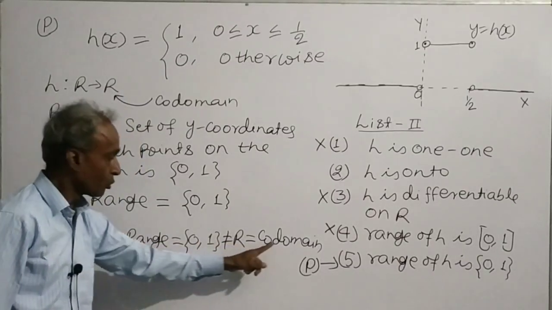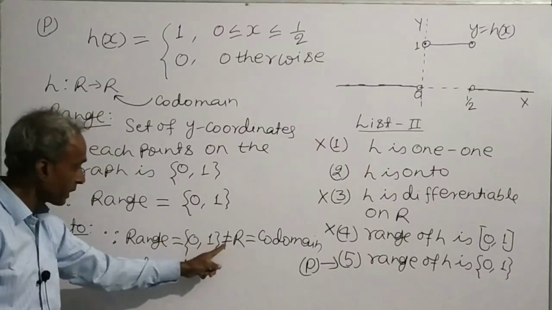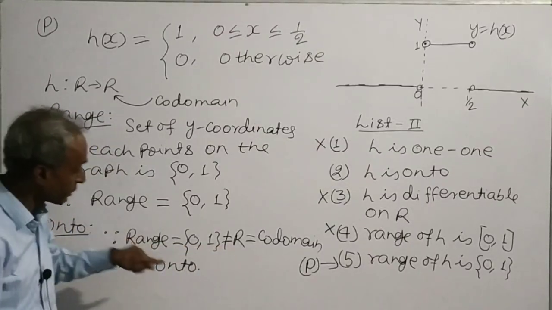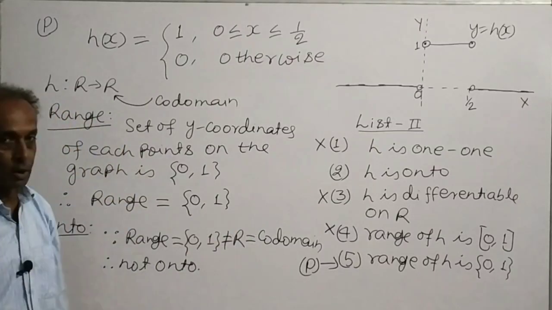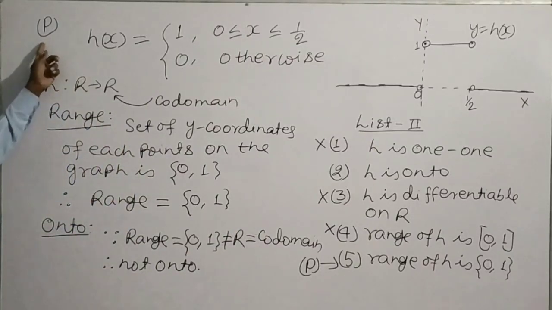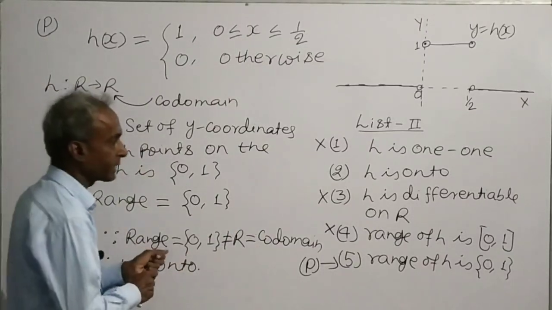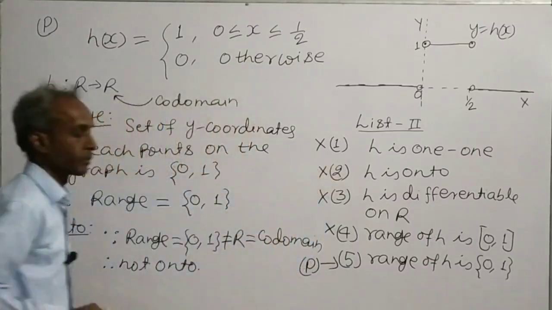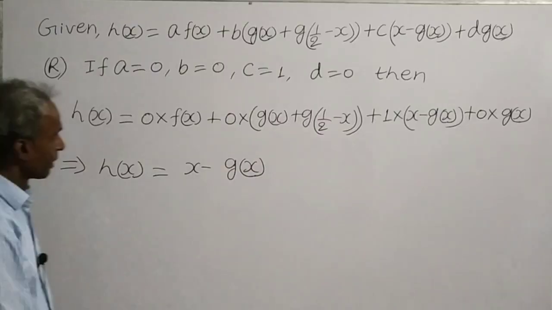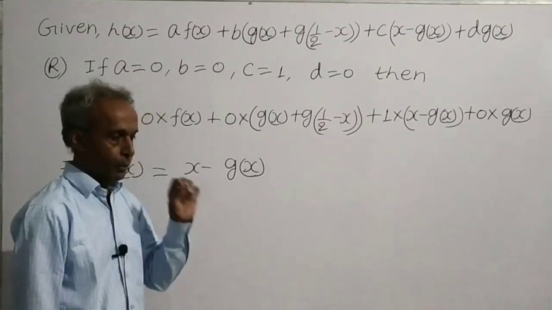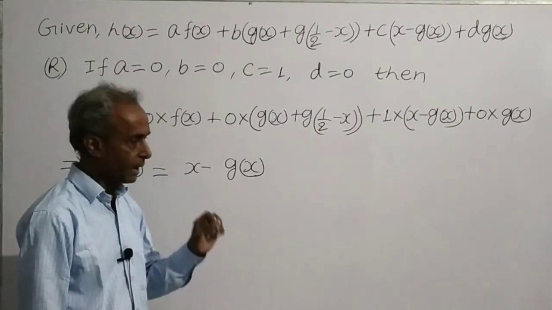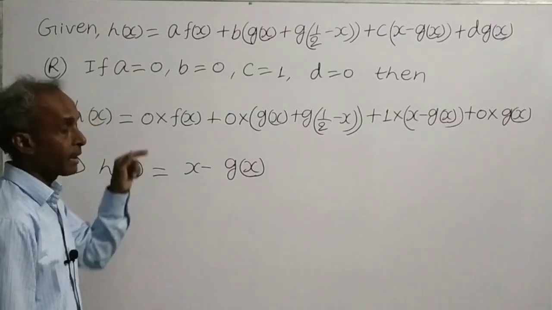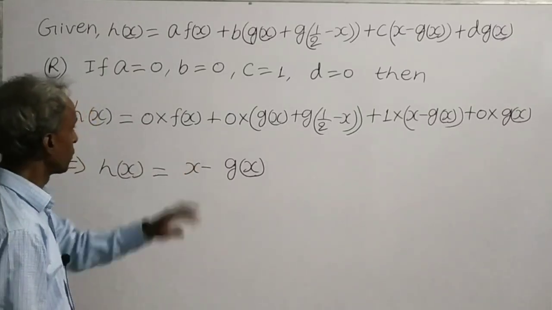If the codomain is not equal to the range, then the function is not onto. Therefore, P will not be matched with this entry. We will consider entry Q at the end of this video.